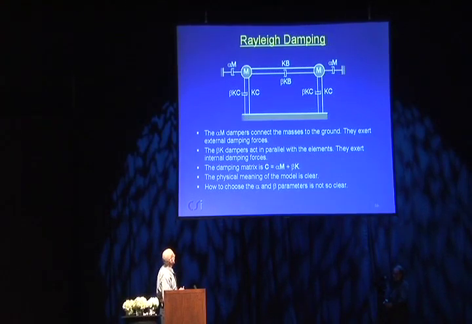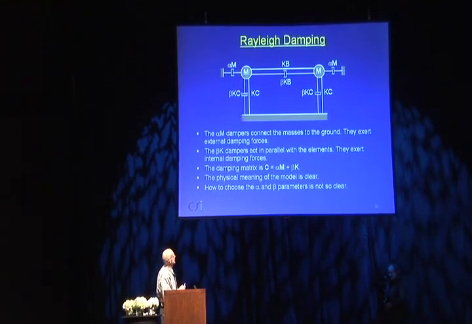What happens is the alpha M dampers exert external damping forces on the structure, and the beta K dampers exert just internal damping forces, sort of in parallel with the elastic forces. And incidentally, in a linear analysis, modal damping also exerts both external and internal forces on the structure. You don't see what they are, it's kind of hidden, but they're there.